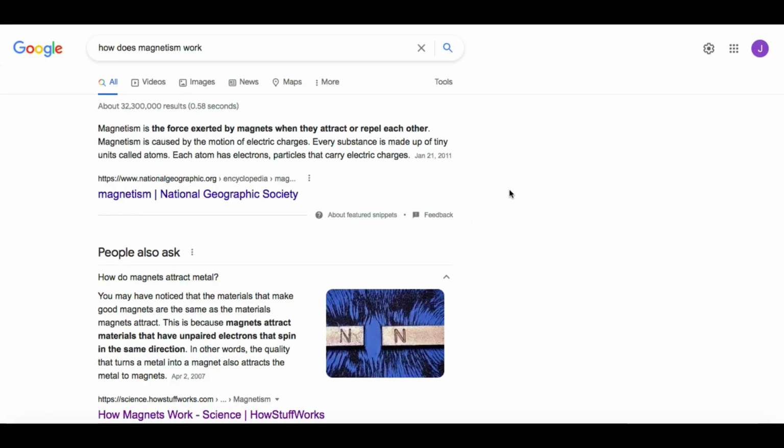Very suspect. Anyway, how does magnetism work? Magnetism is the force. I wouldn't call it a force. It might be a force, but I wouldn't call it a force right now without doing some experimentation myself. Exerted by magnets when they attract or repel each other. I agree with this part. Yes. Magnetism is caused by the motion of electrical charges.